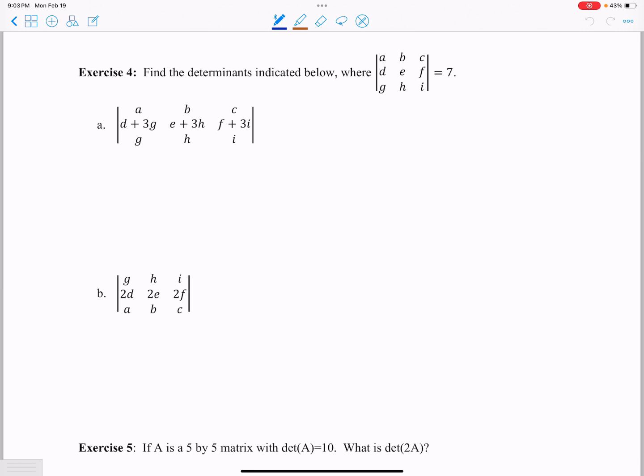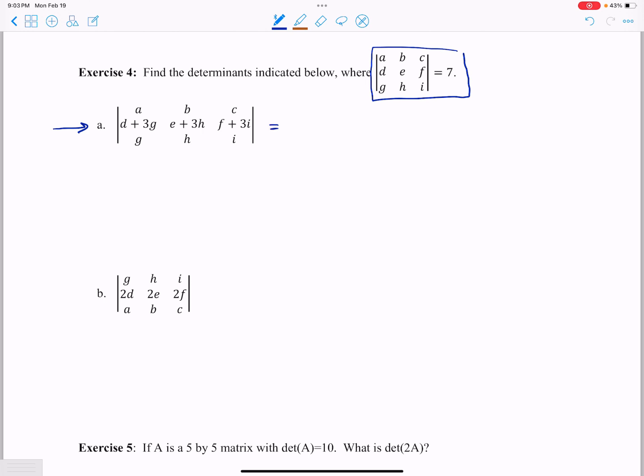So if we're given that the determinant of this matrix is 7, how would you find the determinant of this modified by one row operation? So notice this row operation took row 2 and added 3 of row 3. So it added a multiple of another row.